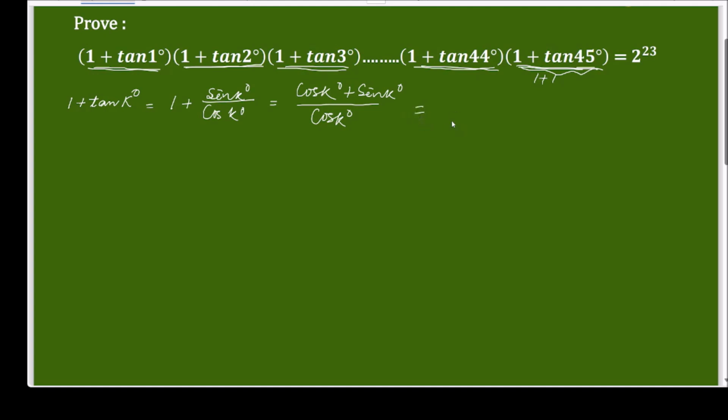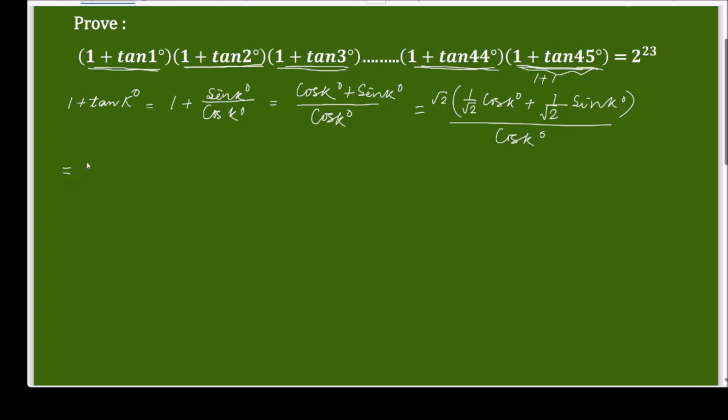For the numerator I'll try to get a sine function. What I'll do, I'll multiply and divide by root 2: root 2 times 1 over root 2 cos of k degree plus 1 over root 2 sine of k degree, all over cos k degree.